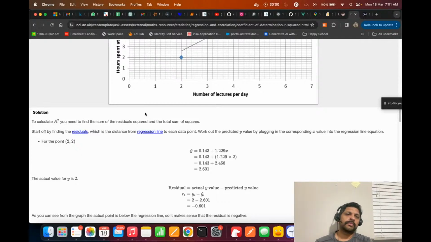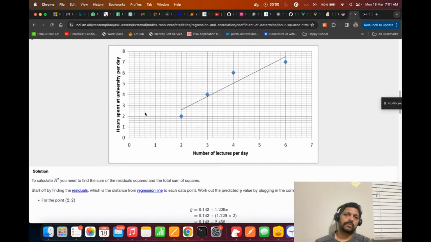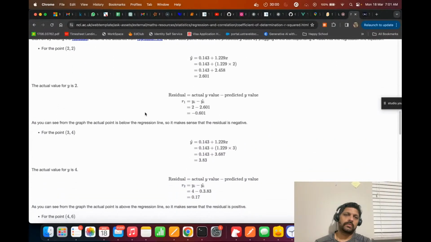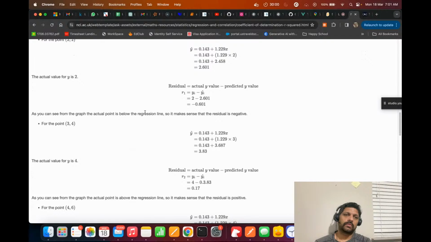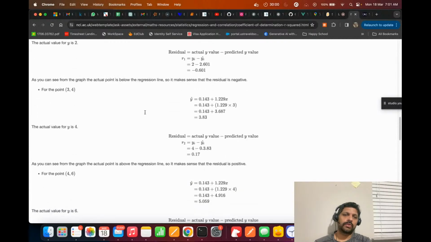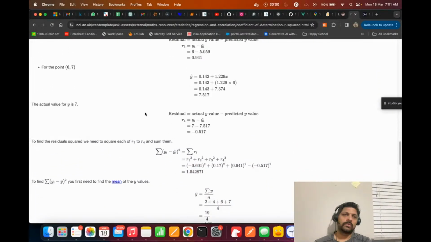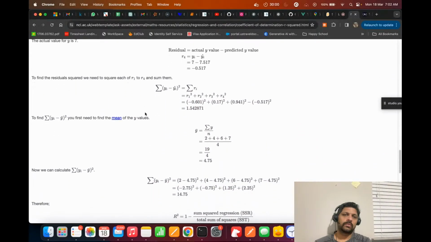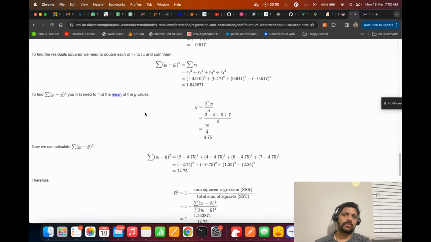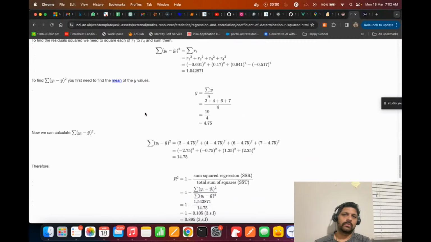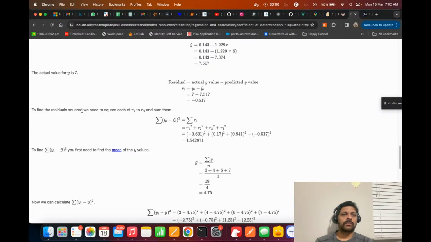Actual value minus predicted is the residual; the residual can be negative or positive. Residual square, we need to sigma.